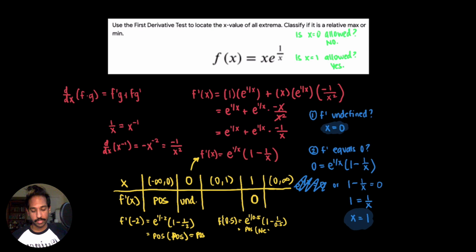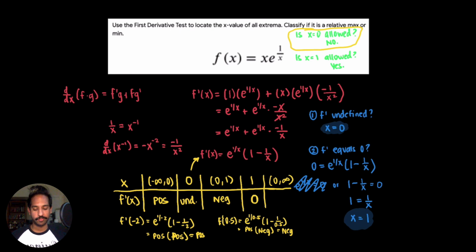So here we're going to end up with a negative. And so you might think, because we go from positive to negative for our value of f prime, this would be a maximum. However, we already said up here that x equals 0 is not allowed. So we're not looking at x equals 0. We just need to make sure that we're looking around there to think of what happens.